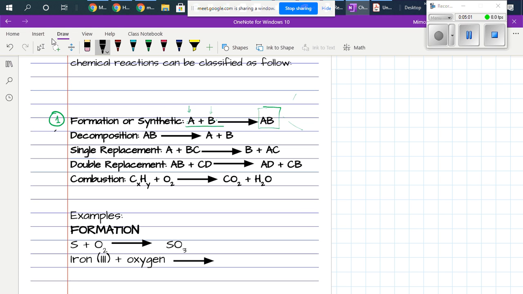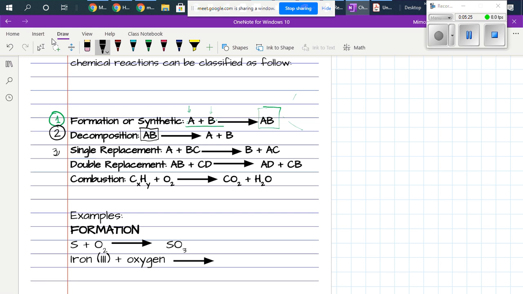The second type of reaction is decomposition, which is a compound broken down into elements. So the general form of decomposition will be a compound AB broken down into element A and element B.